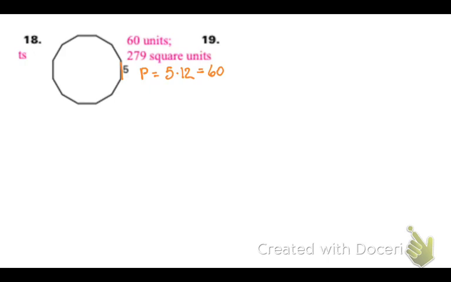So that's our P. So we have 1/2 A times 60. Okay, and so we're going to calculate our central angle there. That would be 360 divided by 12, which is equal to 30.